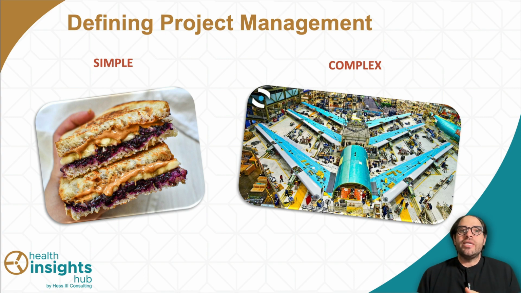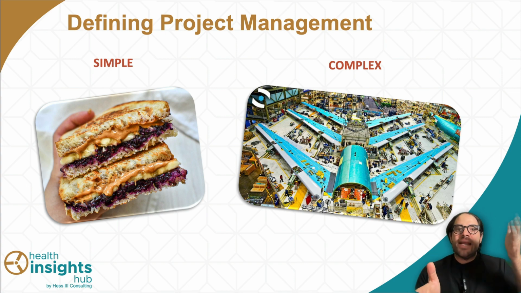Or you can think about it as opening a new clinic, which is something we'll talk about within the health and human services field. But once that clinic is open, then you have to run it in perpetuity, right? And so project management is very unique in that it is time limited and there are deliverables at the end of it. And those deliverables have expectations, which we'll talk about in more detail.